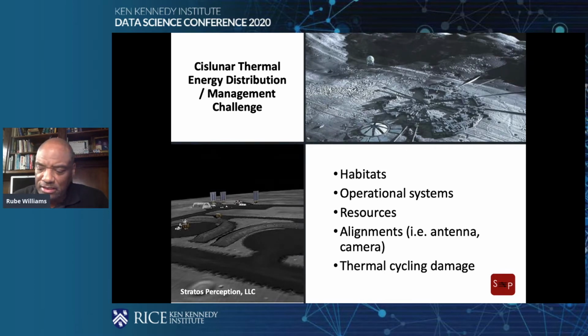This will typically be convective and conductive types of processes supporting habitats, systems that are machines that might need to operate within a certain temperature band, or resources that may require some sort of environmental control for viability or sustainability. There's thermal expansion, thermal contraction that can misalign antennas and cameras, and there's general thermal cycling damage.